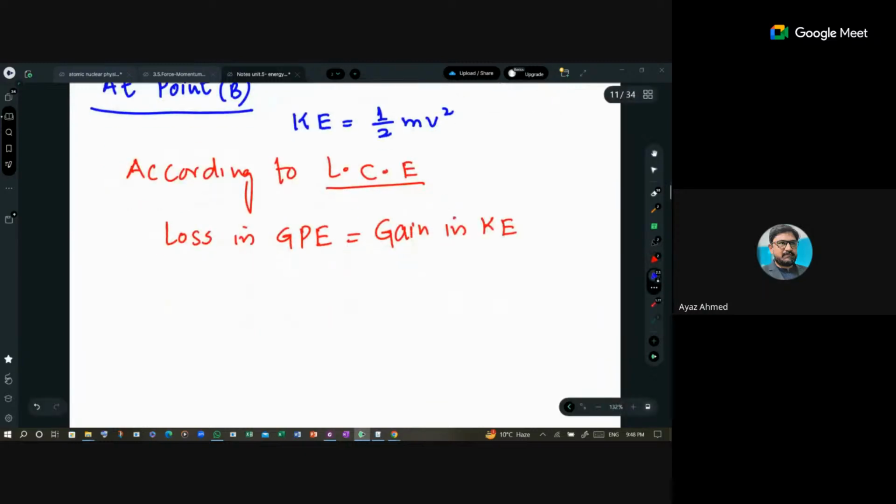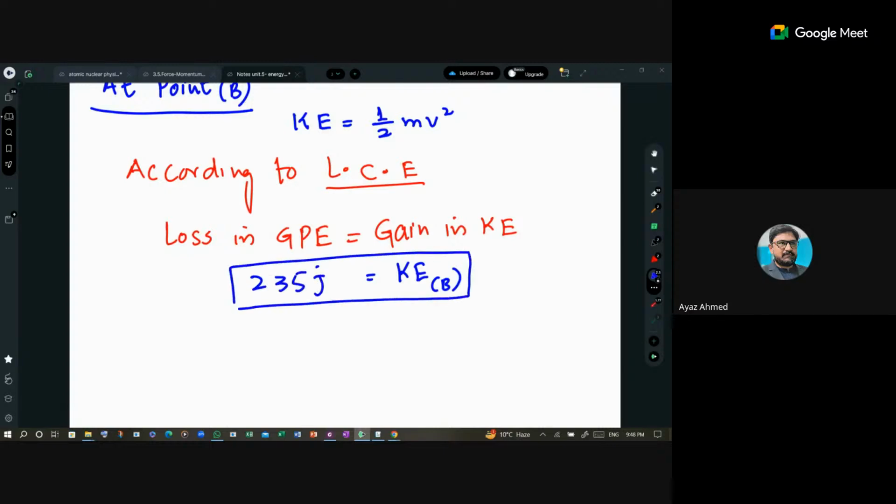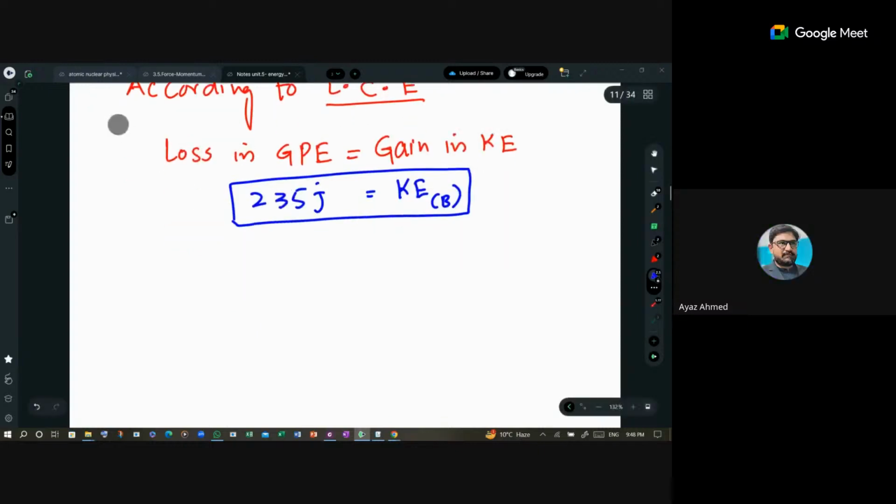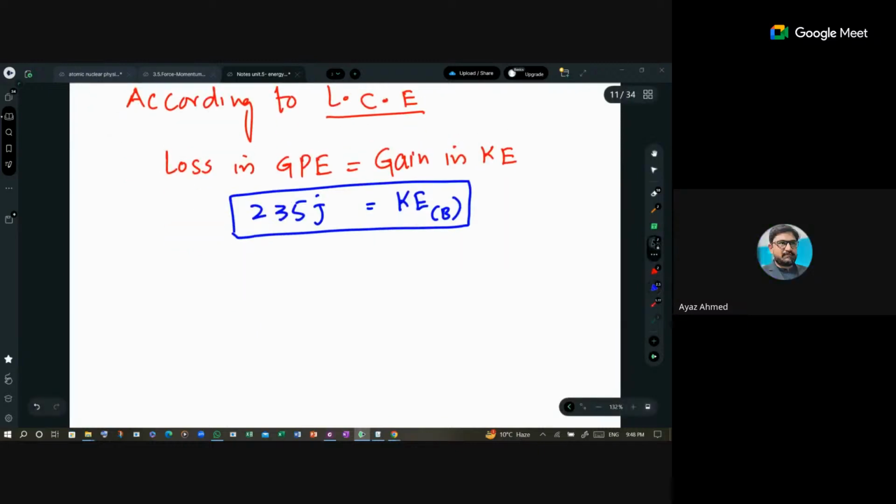So the kinetic energy at point B will be how much? 235 joules. Do you agree? Yes. Okay.